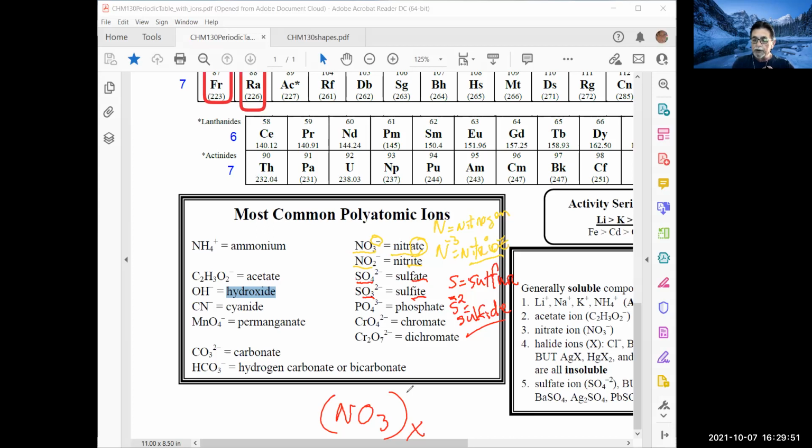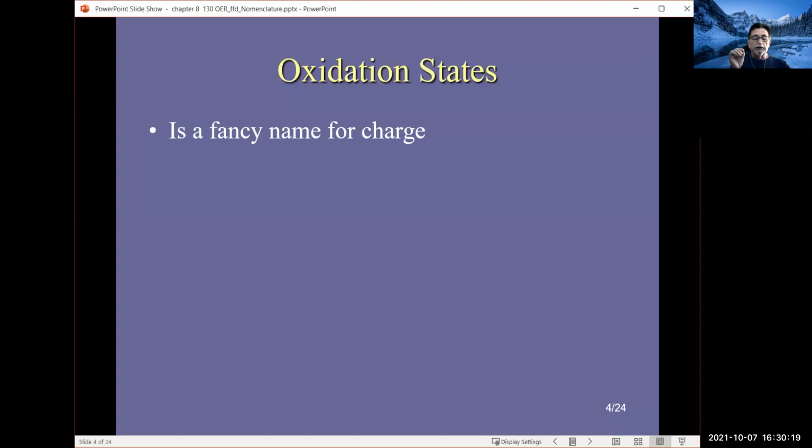Because we're going to learn that when we put these ionic compounds together, we have to add enough cations and enough anions to equal 0 overall, so we end up with a neutral species. All right, so those are the polyatomic ions, and we'll be using them quite a bit. Up to this point, I've been using the term, bear with me one second.